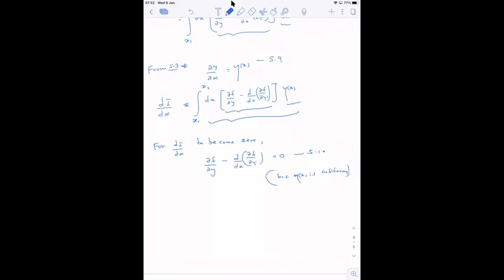So I guess you should understand by now that this is the same as the Lagrange equation. ∂f/∂y minus d over dx times ∂f/∂y' equal to 0.